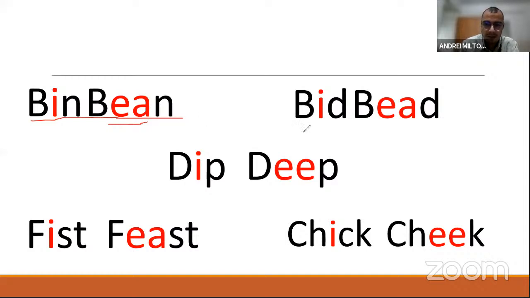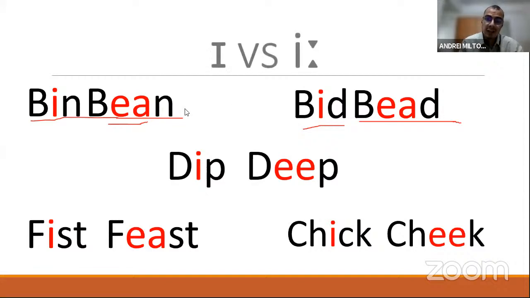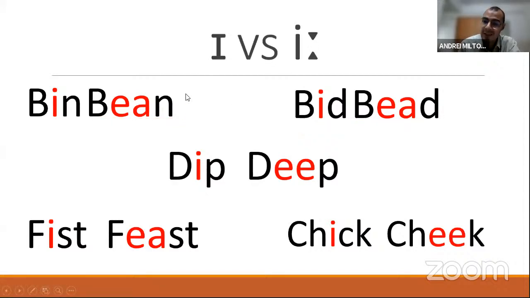Now here, bead and bead, long, right? And it's not the same sound. The first sound is in between the short and long E. So it's in between, and then the long one. So it's like this: fist and feast, chick and cheek, long. Very good. Shreya, very good.